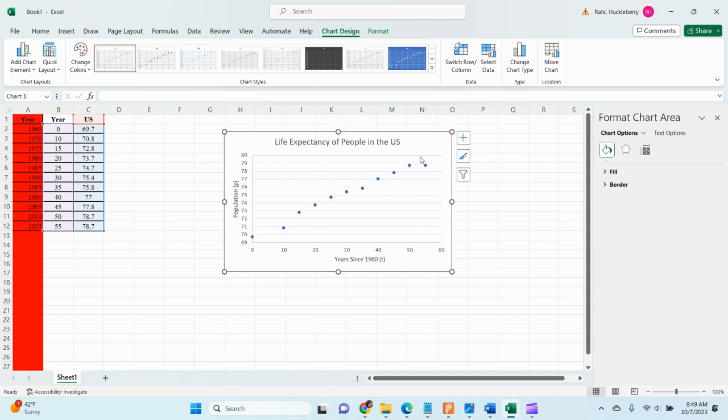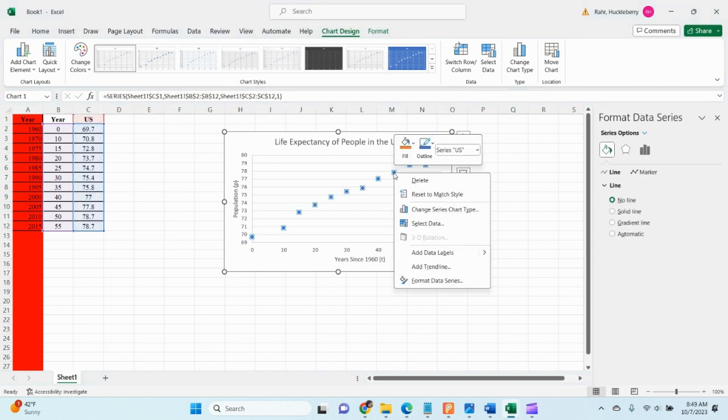All right, I'm going to click on a data point and then I'm going to right click. I'm going to give three sets of directions. If you have an Apple, you have to do a three-finger tap to get this. So I right clicked. Apple users have to three-finger tap. And I'm going to click on add trendline.